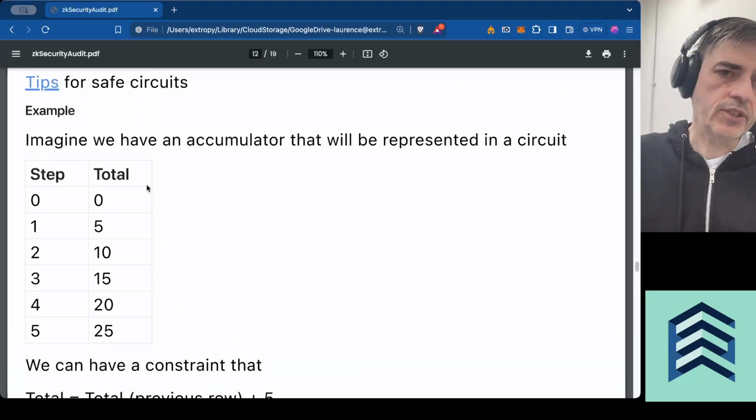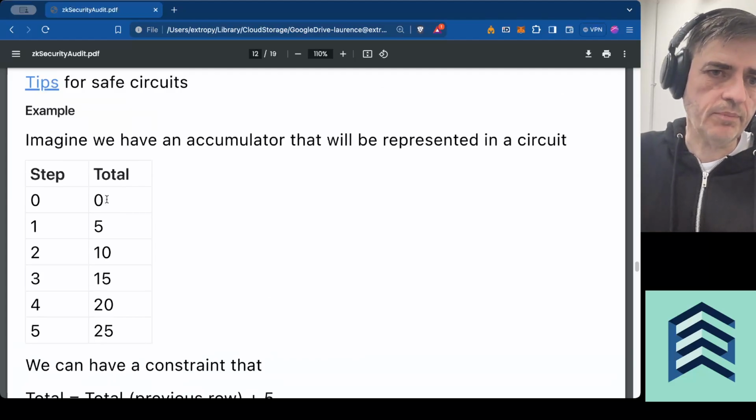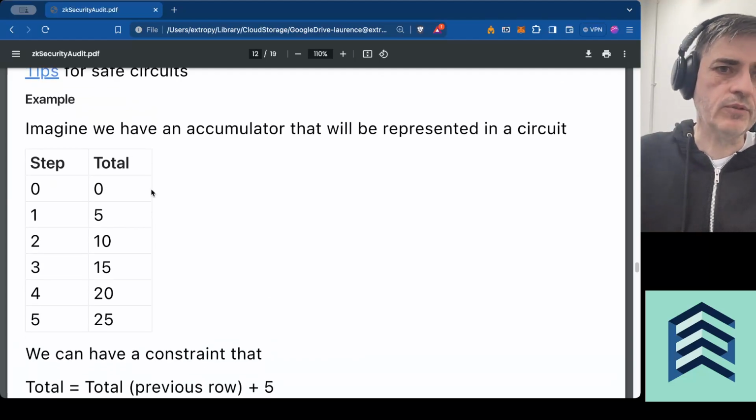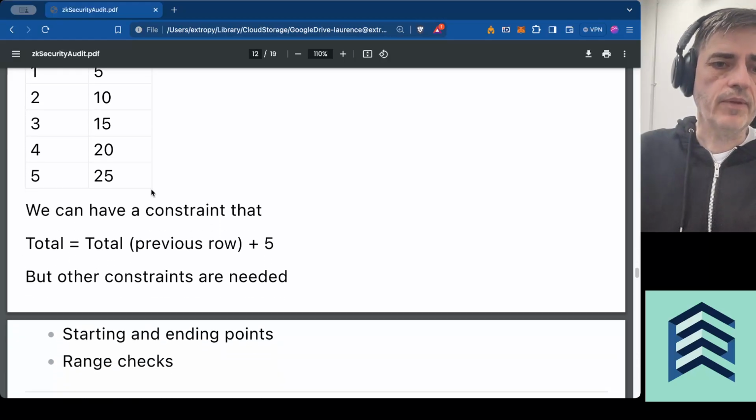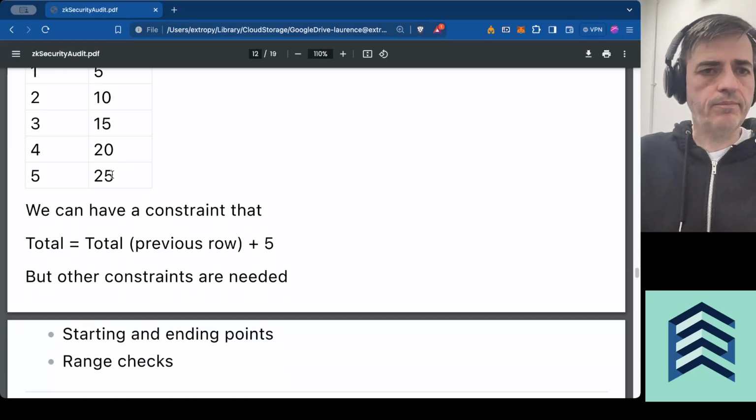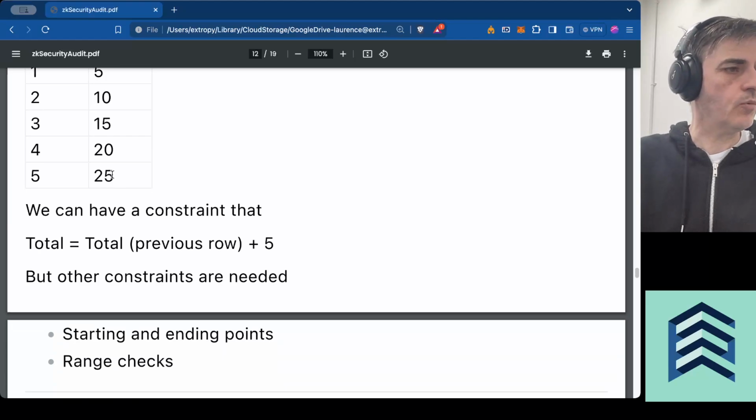So, for example, you should really say, well, what is the starting point? And that in the first step, our total must be 0. So that would be a constraint. Maybe you would have an ending point check as well, saying what the total should be at the end.